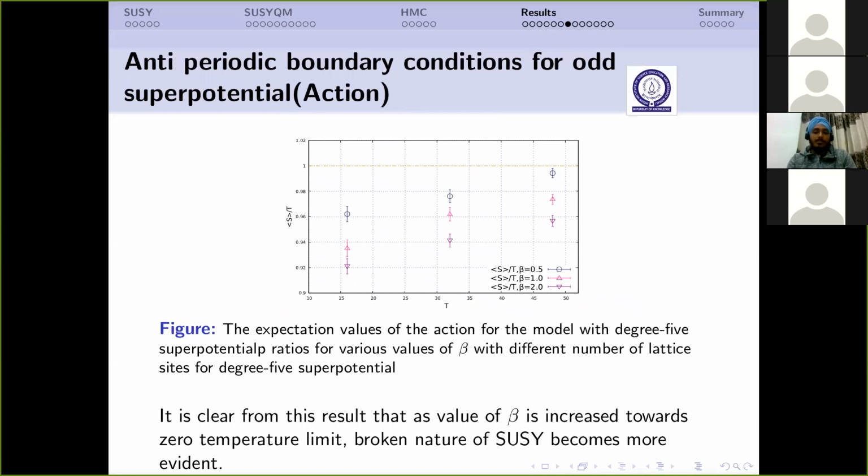With the action, we can see that as we increase beta, we are decreasing the temperature. In that case, the normalized expectation value of the action, which should be 1 in the supersymmetry preserved case, is going away from that value.